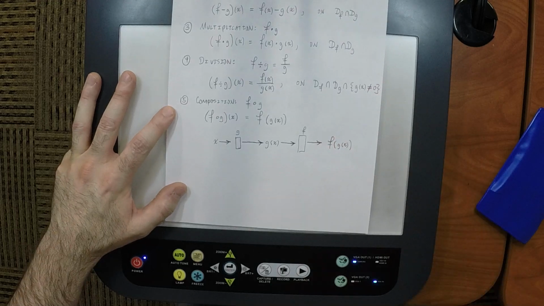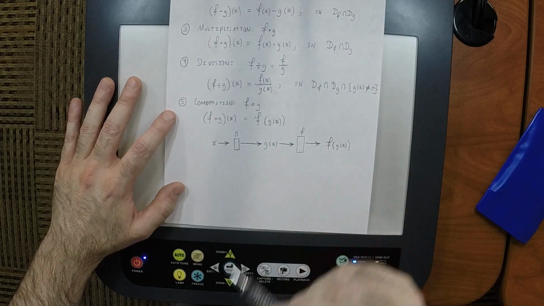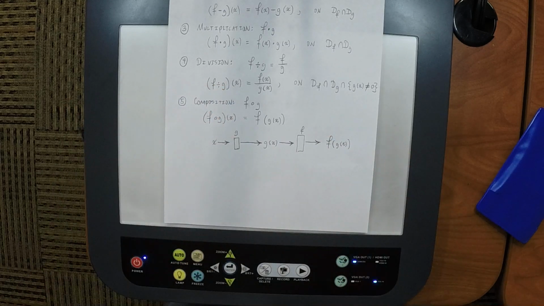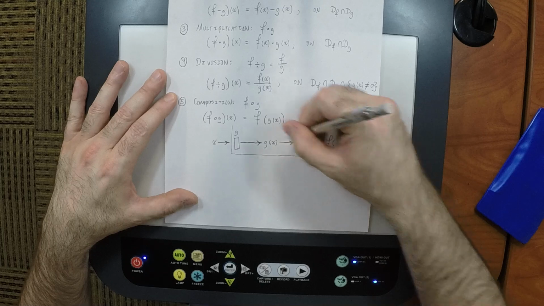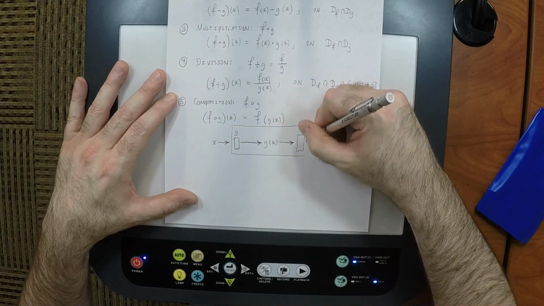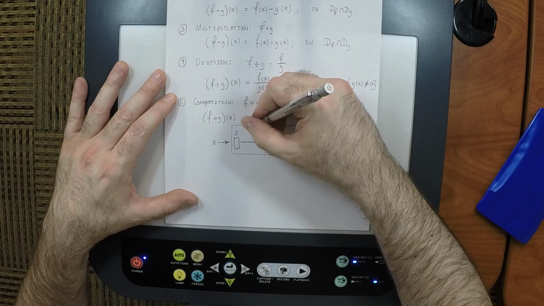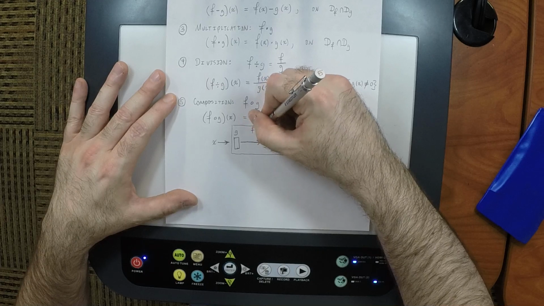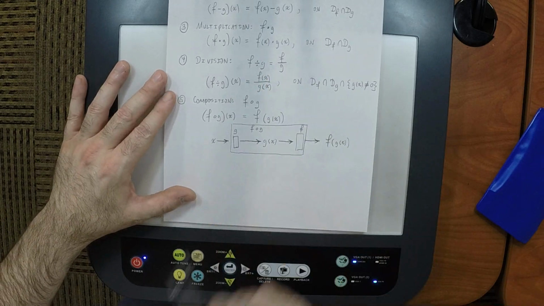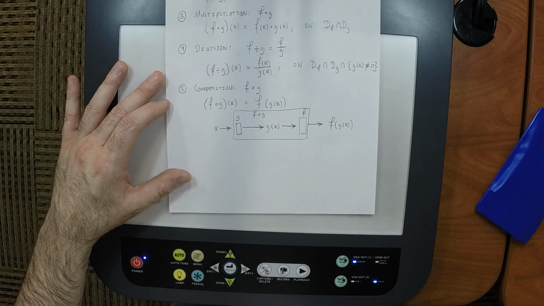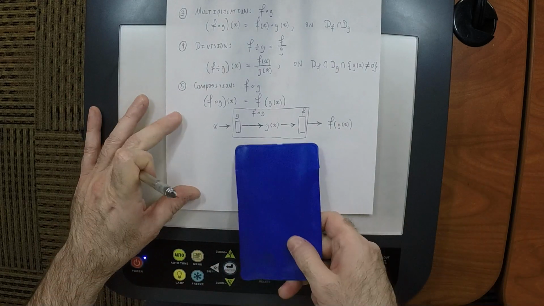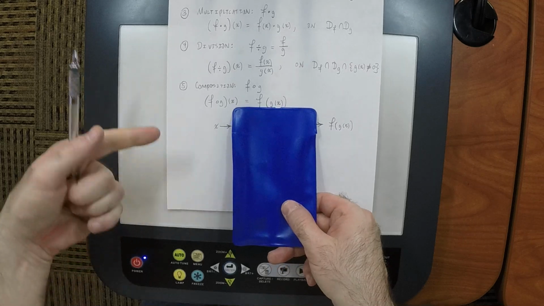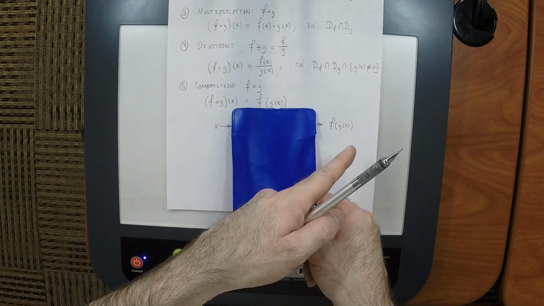You can imagine putting this in one big enclosure, building a big box around it. We've got some big machine, and the name of this big machine is f composed with g. You can imagine covering this up and saying, x goes in, and that's what comes out.